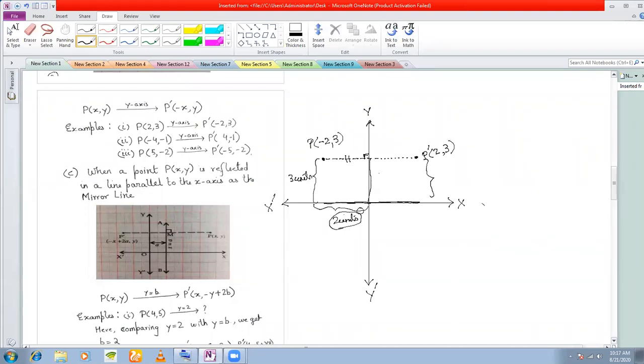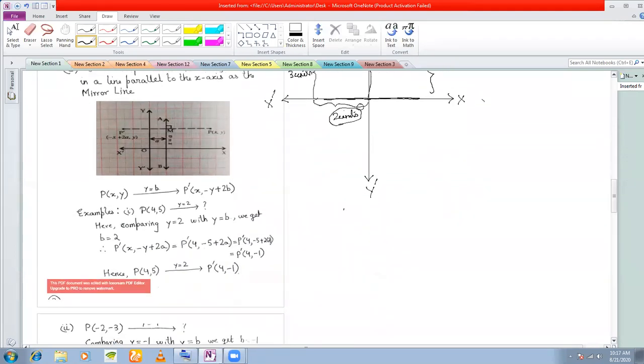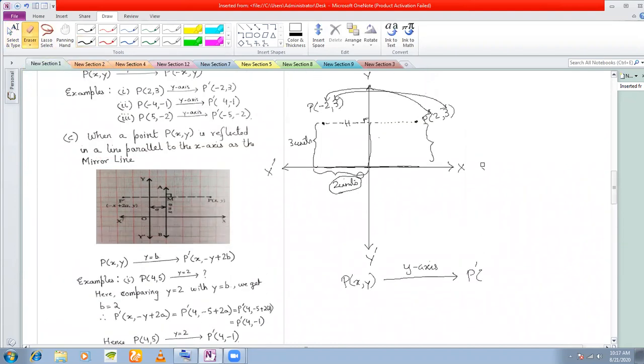What do you observe? When we reflect a point in the y-axis, the sign of the x coordinate changes and the sign of the y coordinate remains the same. So a point P(x, y), when reflected in the y-axis, gives the image with the sign of the x coordinate changed, as you can see in the figure, from -2 it becomes +2.